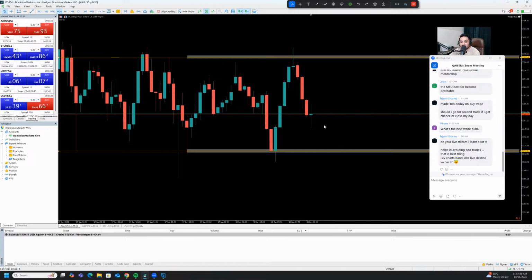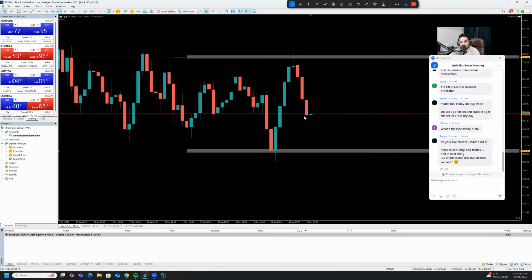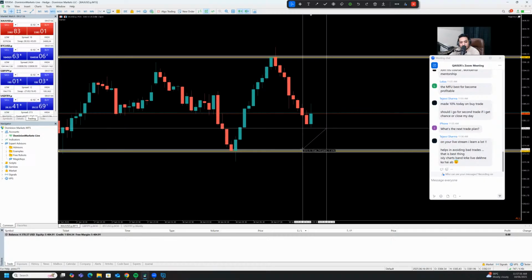Okay, what's the next trade plan? We just need to wait for some structure to be formed. 30 minutes still open, 50 minutes still open. There are about 3 minutes left for the candle to close, and I'm looking at the size of the candle, how it's going to close. We're still having like a 50 pip range to the downside.